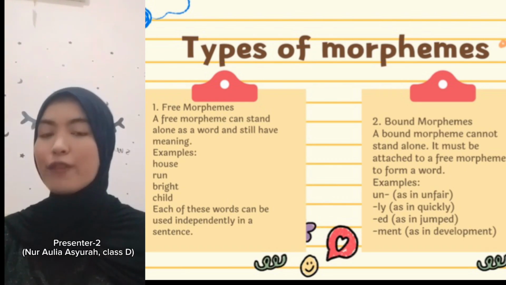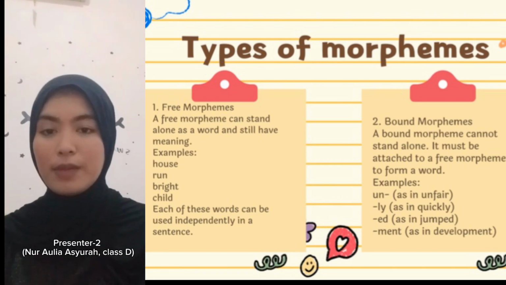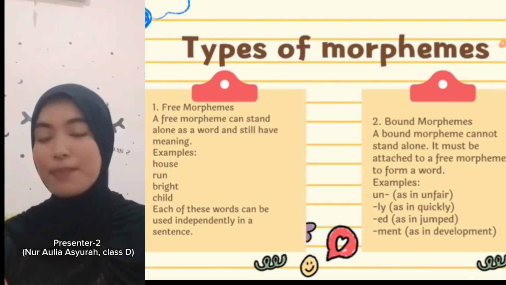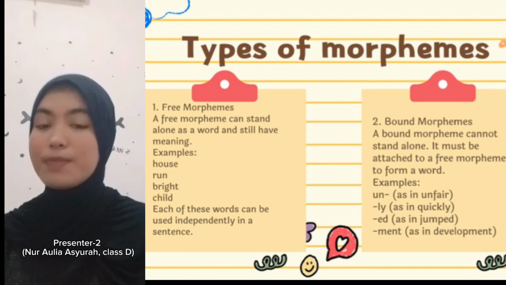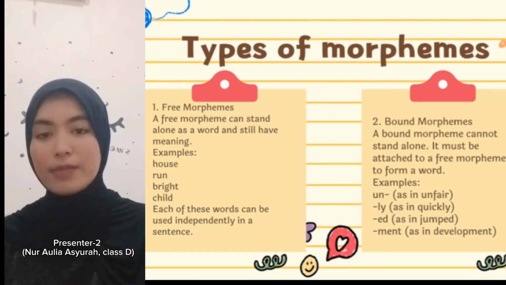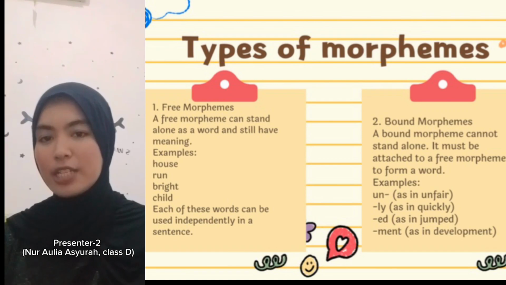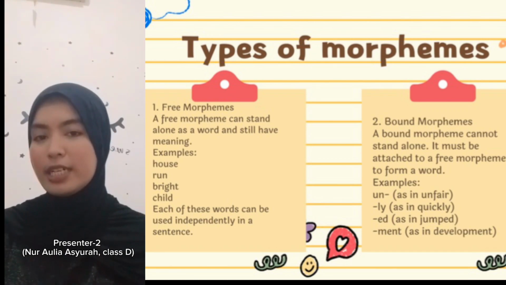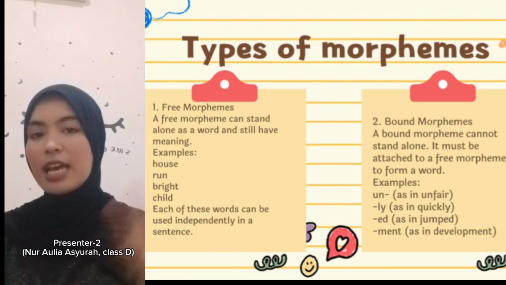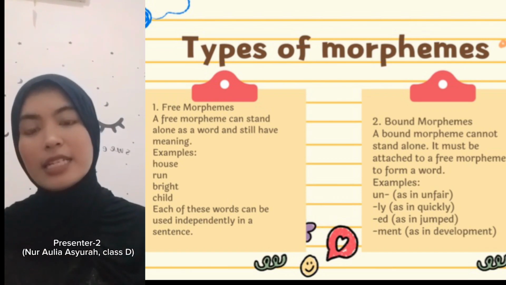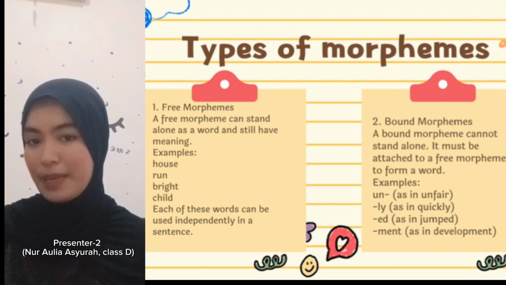Next, we have bound morphemes. Bound morphemes are morphemes that cannot stand alone and must be attached to a free morpheme to create meaning. More specifically, bound morphemes usually appear as prefixes such as un and dis, and suffixes such as ly, er, and ment. Example: unhappy.